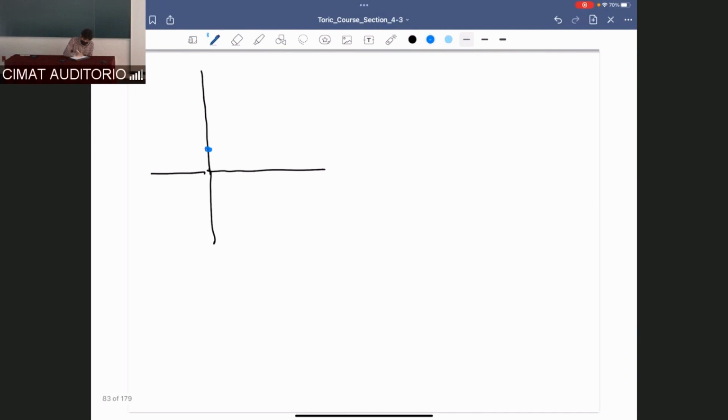So if I take one of these maximal ones and it's smooth, I can change coordinates. Up to a change of coordinates it is just like, in R2, the first quadrant. In R3 it would be like the first octant. If I have a maximal one that is smooth, the rays give me first lattice vectors that are a basis of the lattice.